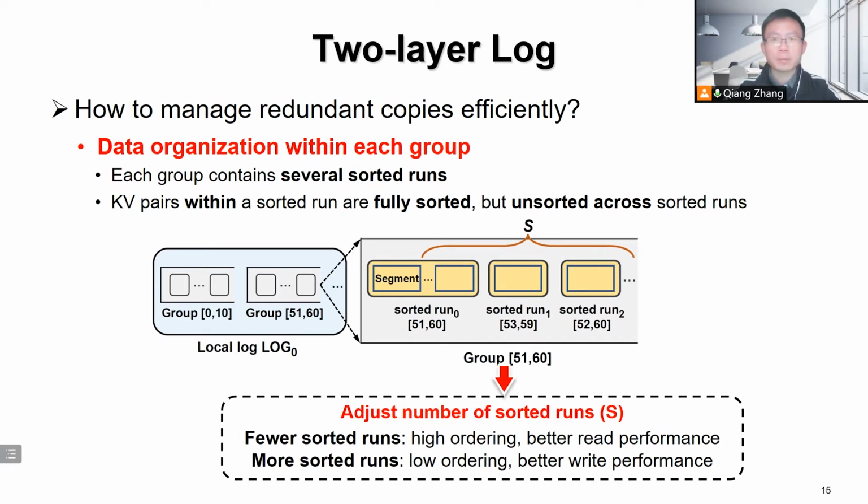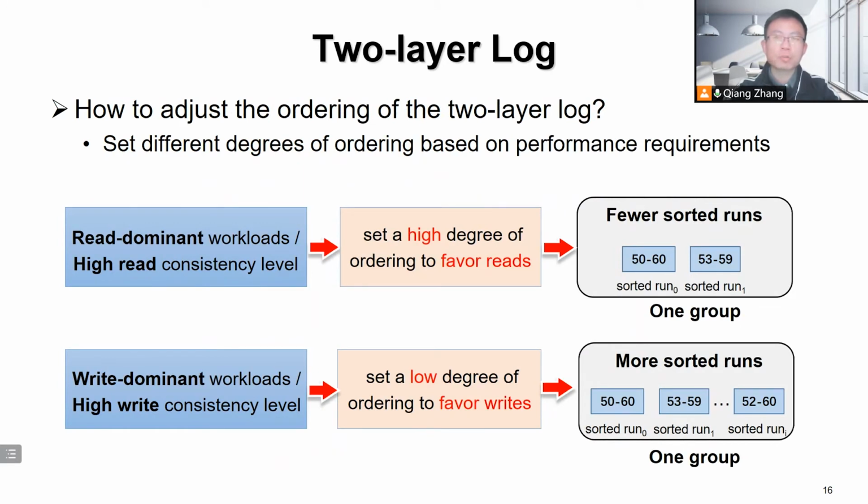If we keep fewer sorted runs within the group, then we achieve a high ordering for the tunable log that can ensure better read performance. If we keep more sorted runs within the group, then we achieve a low ordering that can ensure better write performance.